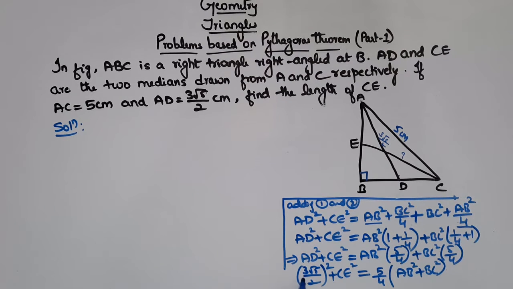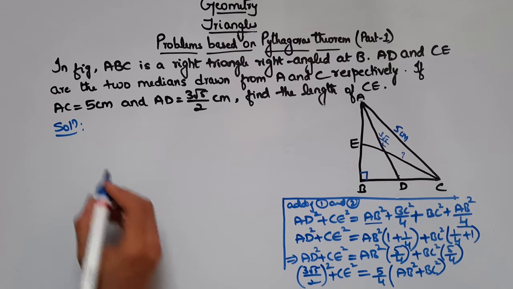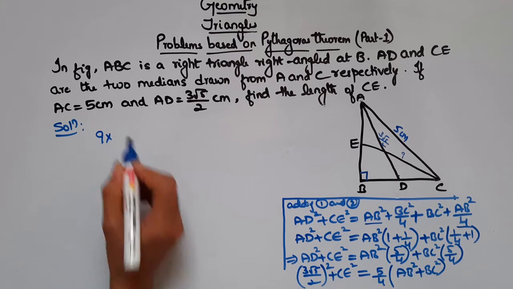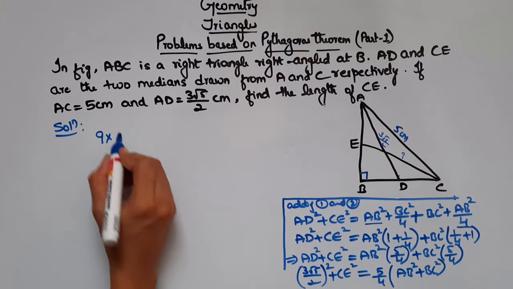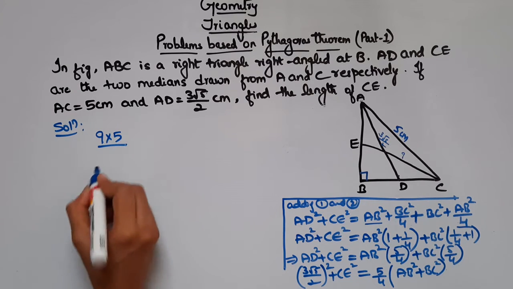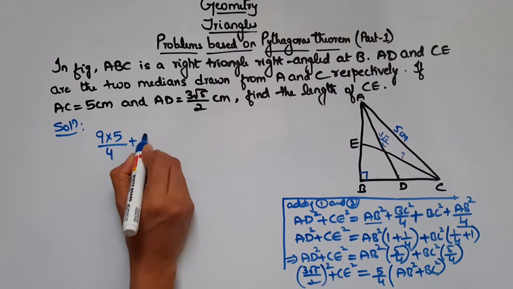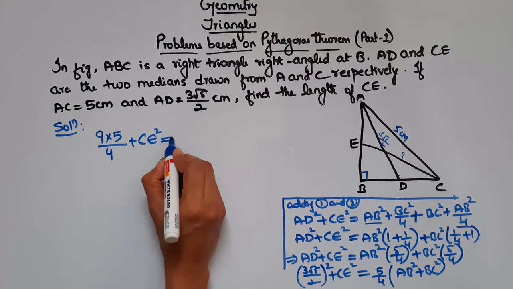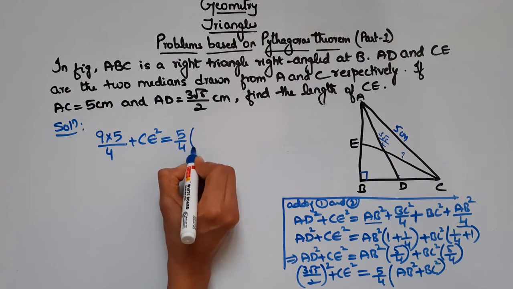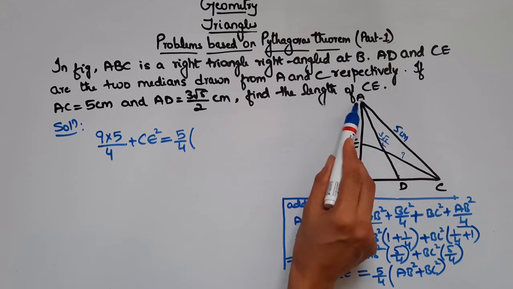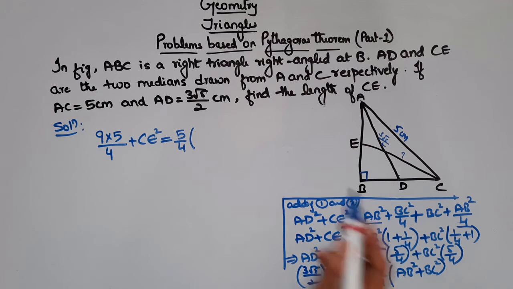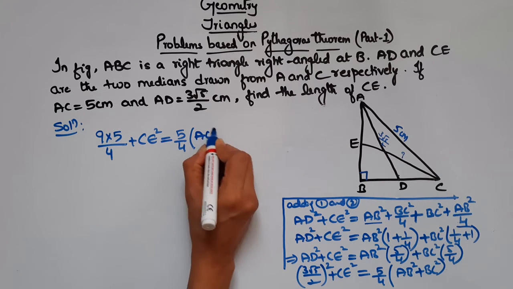In the LHS we have 3 root 5 by 2 the whole square: 3 square is 9 into root 5 square, the square root and square get cancelled, so 9 into 5 by 4, plus CE square is equal to 5 by 4. Now AB square plus BC square is nothing but AC square, right? By Pythagoras theorem we can say AB square plus BC square is AC square.